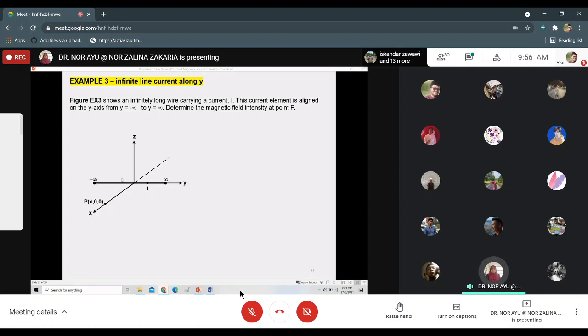So r, kamu kena draw starting point. The current is going to the right, so starting point dia adalah sini. So draw r from here towards the point of observation here. Okay, so draw your r like that, daripada starting point of your current towards the point of observation, so that will be your r.